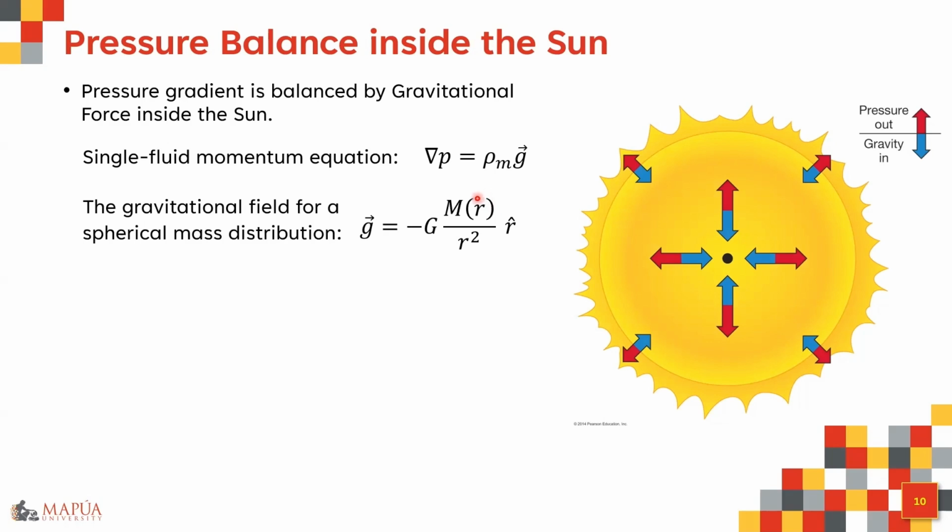So here we do not assume that the mass of the sun is actually constant, whereas in fact, the mass of the sun actually varies with respect to its distance from the center of the sun. Okay, which we're going to look at later.